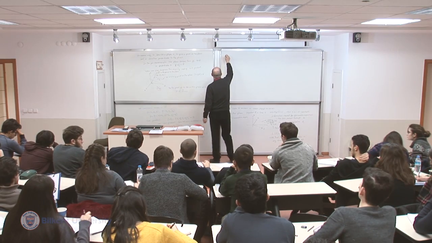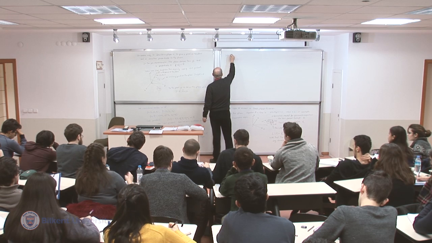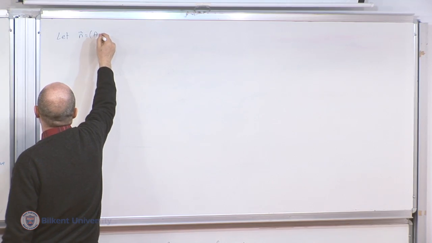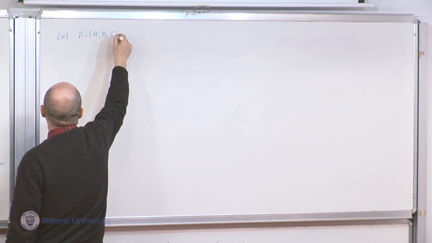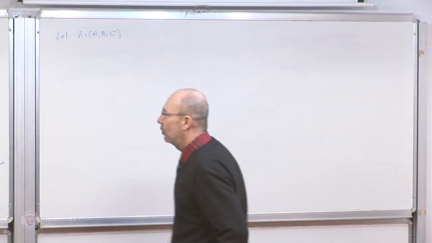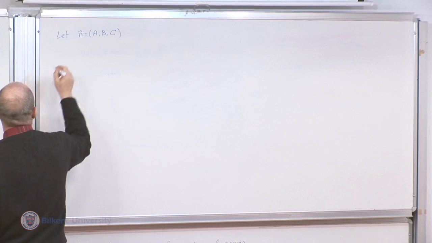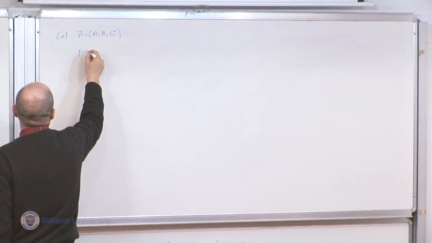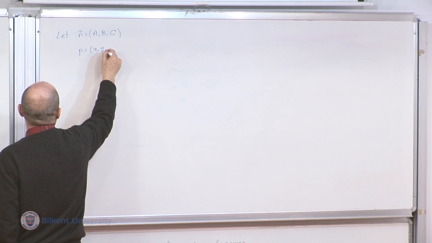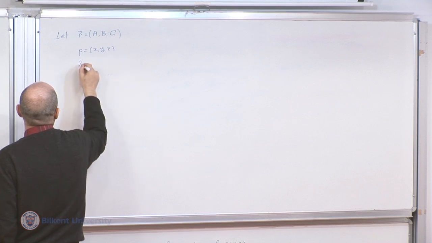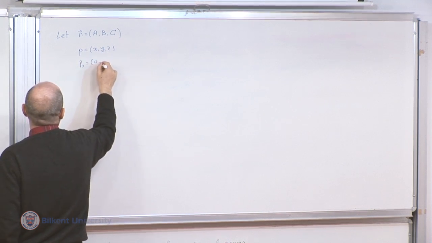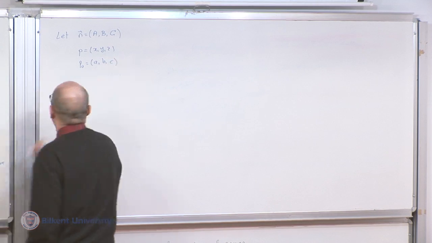Let n be the vector A, B, C. Then we have P equals X, Y, Z, and P0 equals A, B, small c.